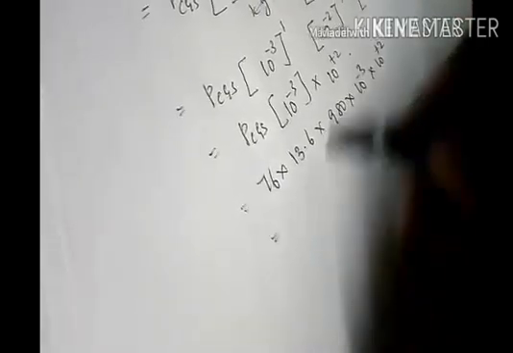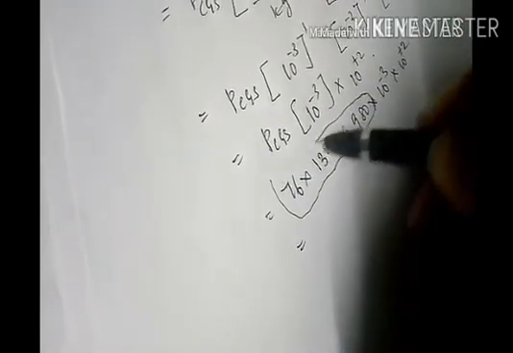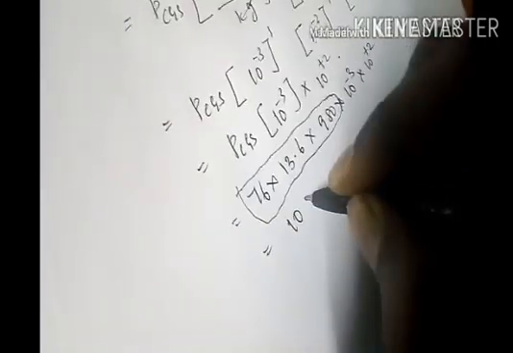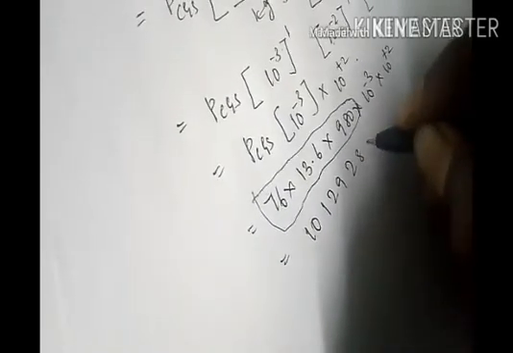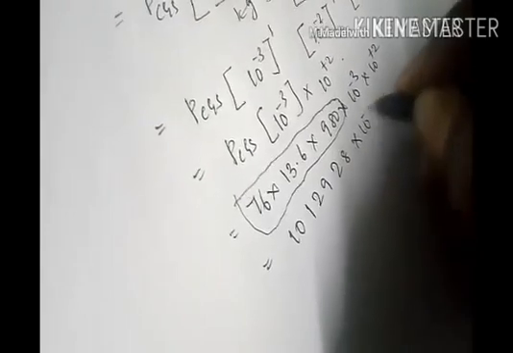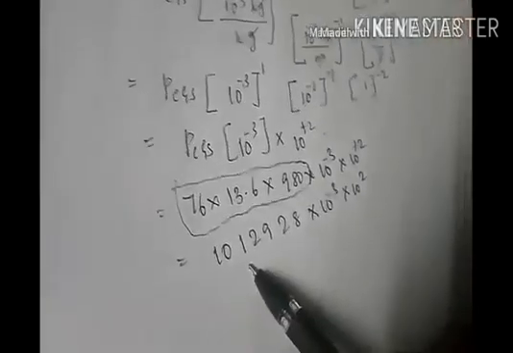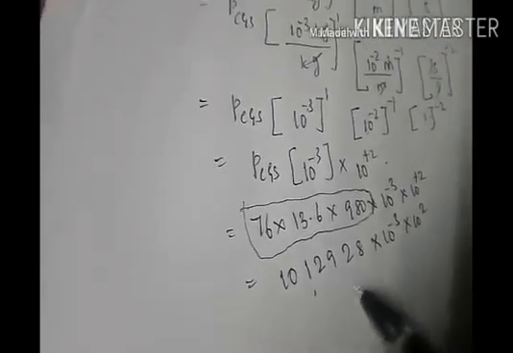So here these numerical values multiplied, you will get the result as 10.12928 into 10 power minus 3 into 10 power 2. So now write this number in terms of exponentials.